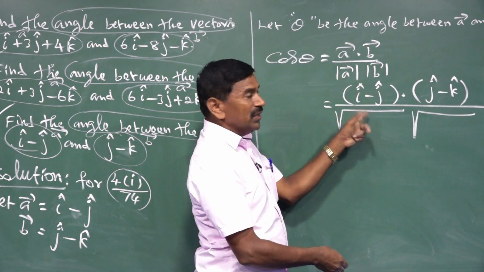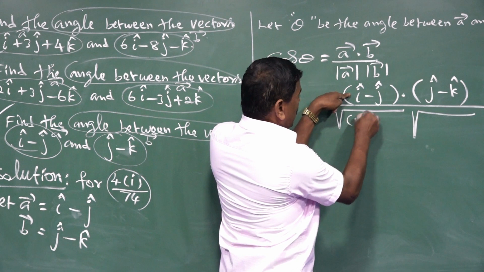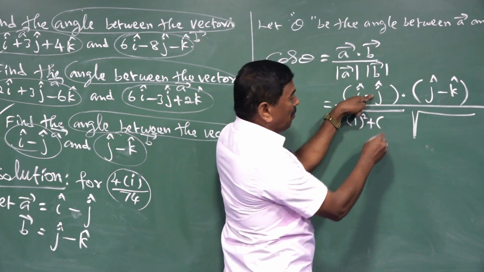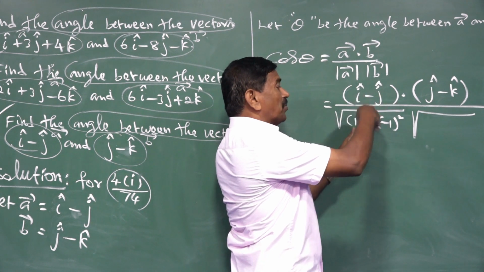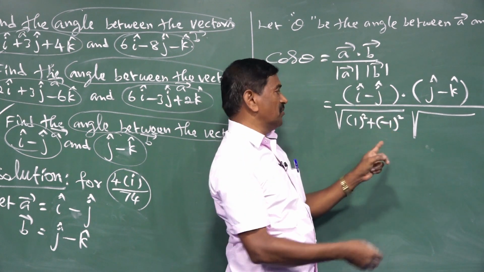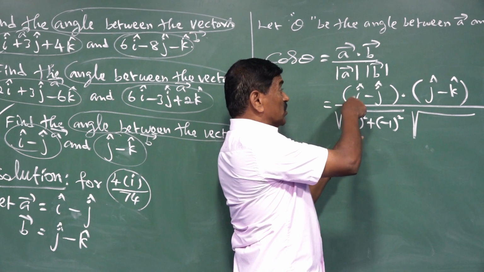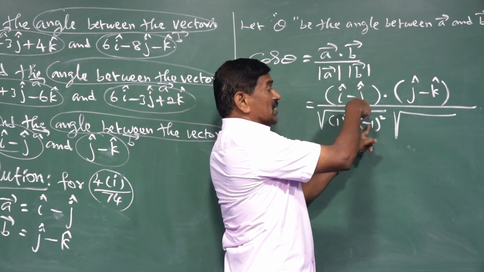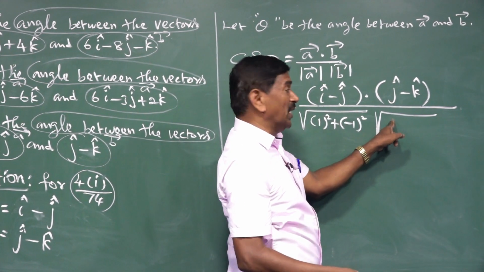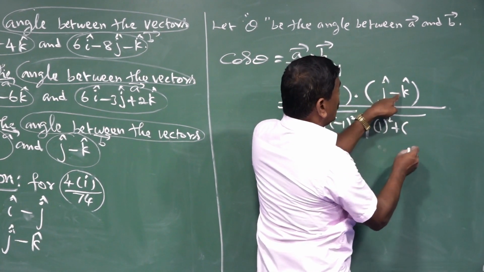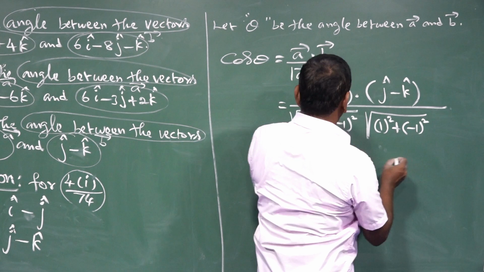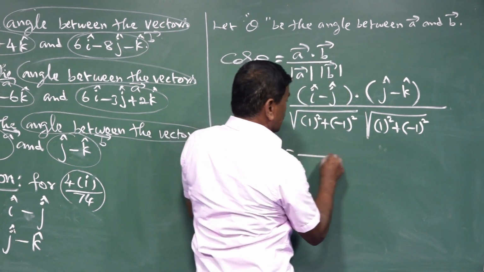Modulus A vector is equal to the square root of the sum of the squares of the I, J, K coefficients. Here coefficient 1, therefore 1 the whole square, plus coefficient minus 1, minus 1 the whole square. Okay, which is equal to.